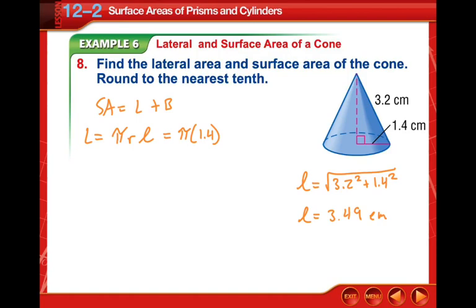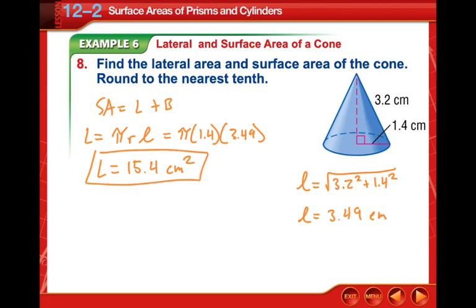Again, rounding, which I don't like, but whatever. So pi times 1.4 times 3.49. Then we multiply that out. And that gets us 15.4 centimeters squared. So there's our lateral area.